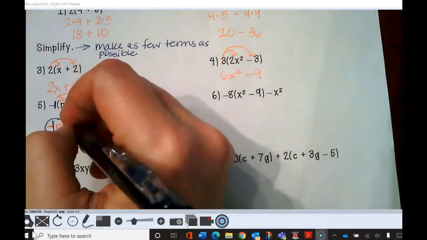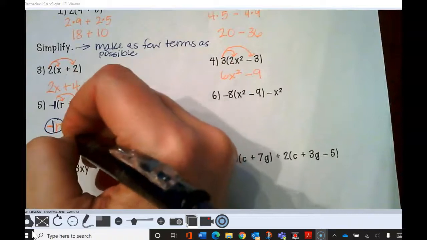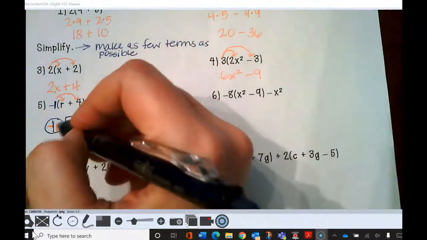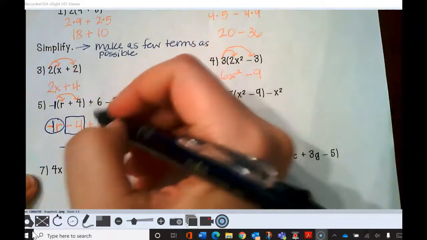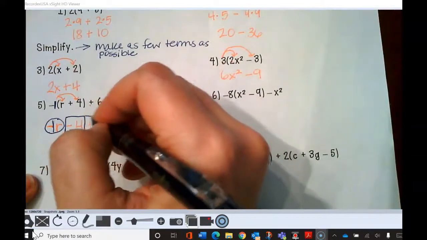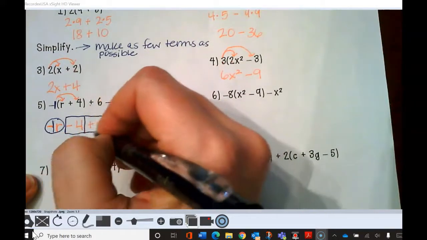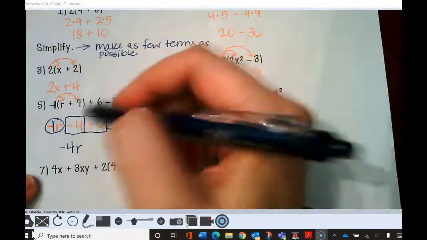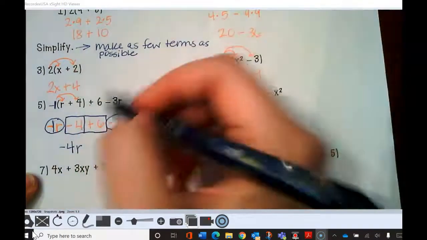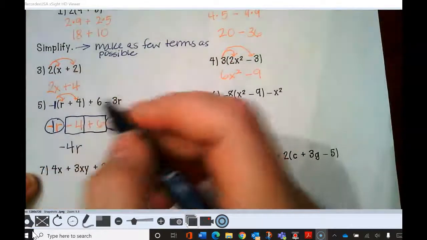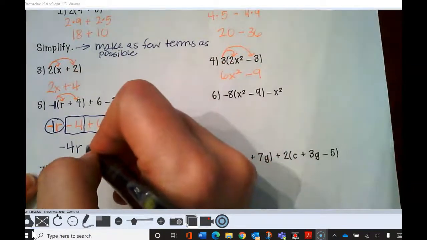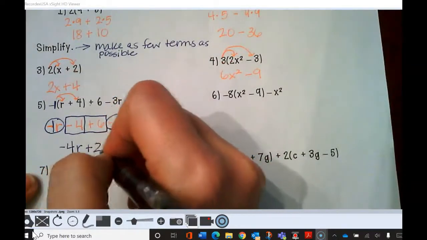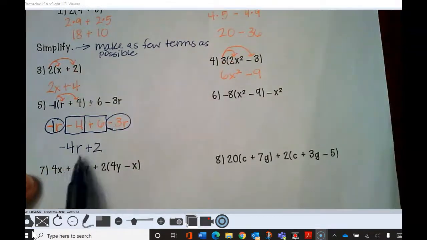And now we're going to look for some other like terms. We have a negative 4, and I'm using a different symbol because it doesn't look like the r's. And we have a positive 6. They're both constants, so they can be combined. When you combine a negative 4 and a positive 6, they're different signs, so you subtract and take the sign of the higher absolute value, you get a positive 2. Okay, keep looking.